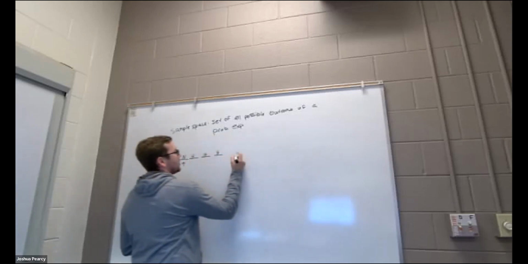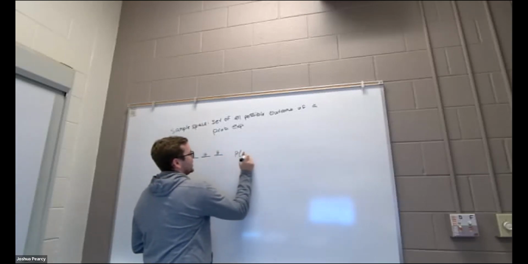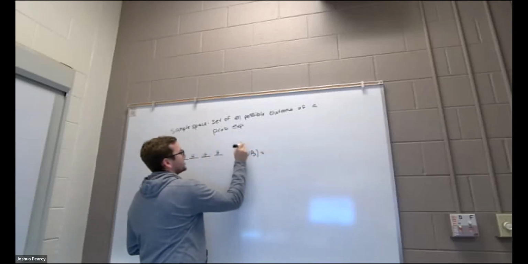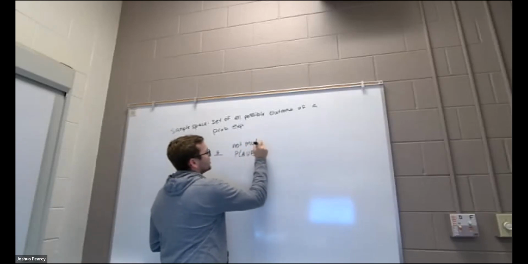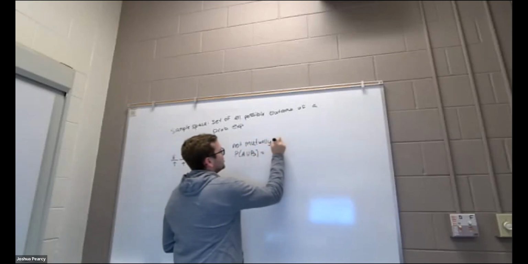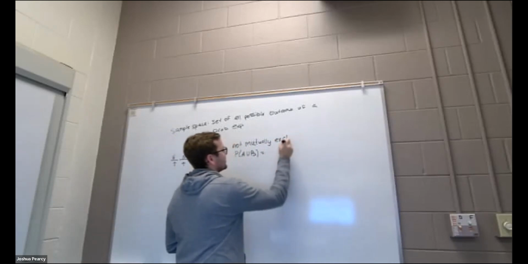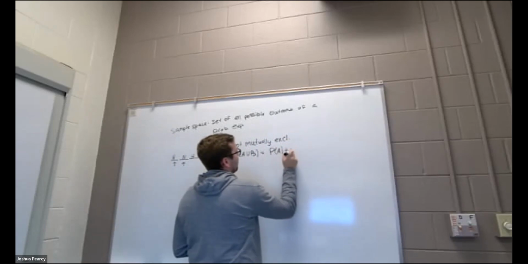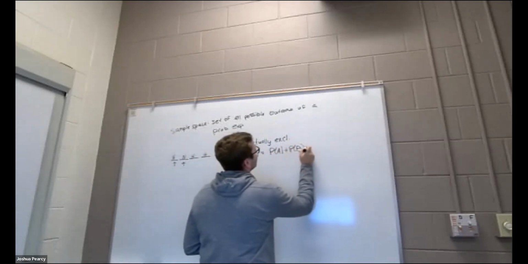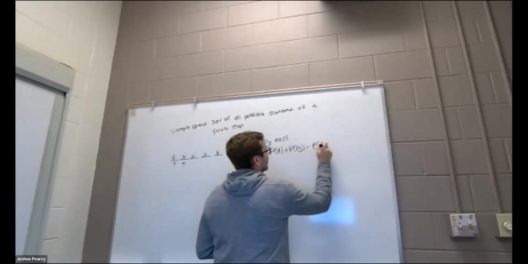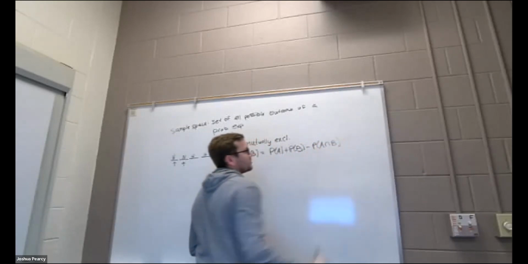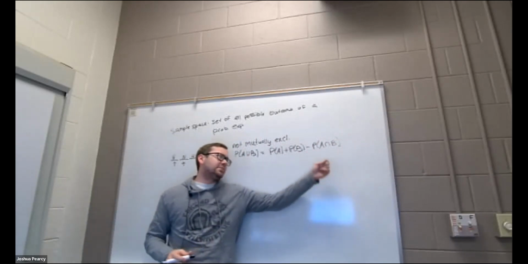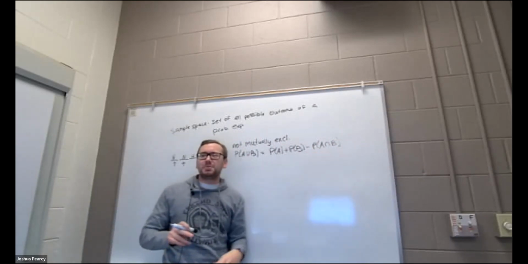So we'll say this: the probability of A or B, for not mutually exclusive, is the probability of A plus the probability of B minus the probability of A and B. If two events are mutually exclusive, they can't occur at the same time, so the probability of A and B is 0.